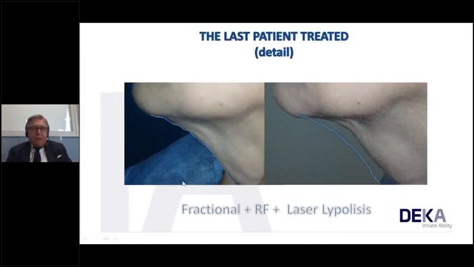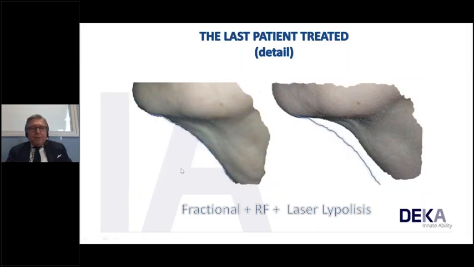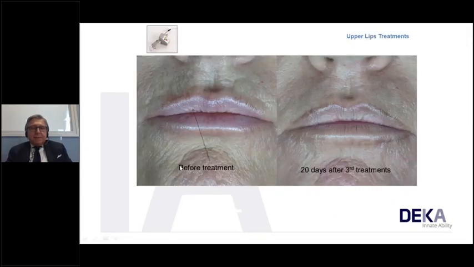You see the results. The blue line indicates the original position of the laxity of the skin, and then after the procedure, 3 or 4 months out from the treatment. Of course, in this case, the platysma must be not relaxed.